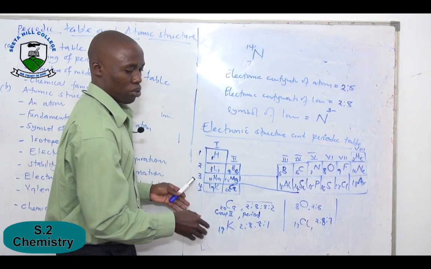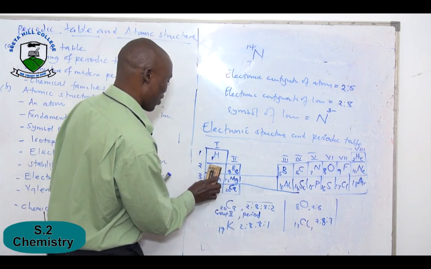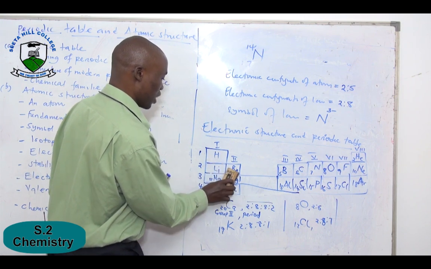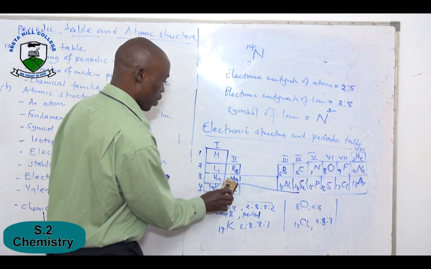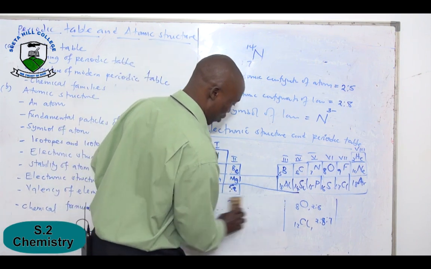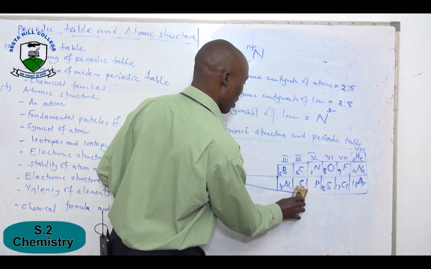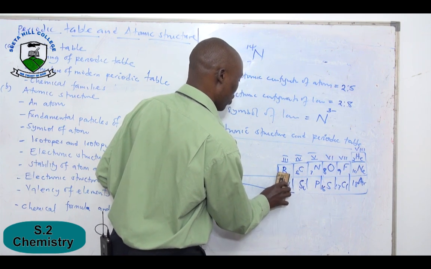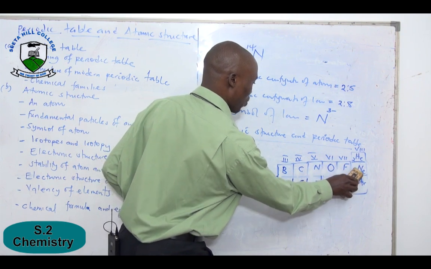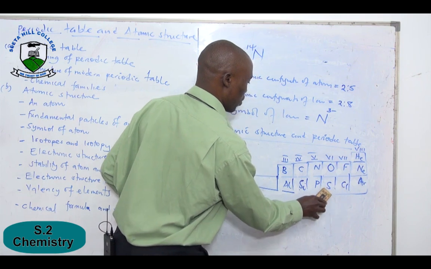Then the group is the number of electrons in the outermost shell. Now look here. I'm rubbing out this and asking: how can you write electronic configuration without them? Now we are moving to valency, very, very fast.